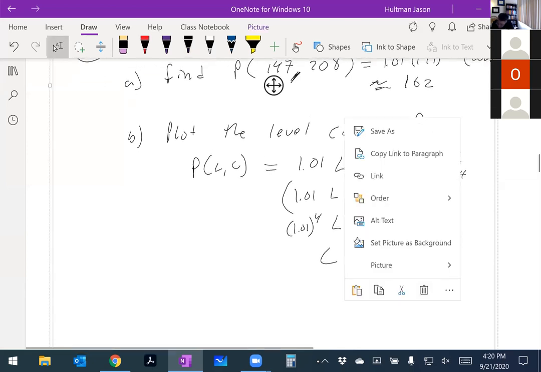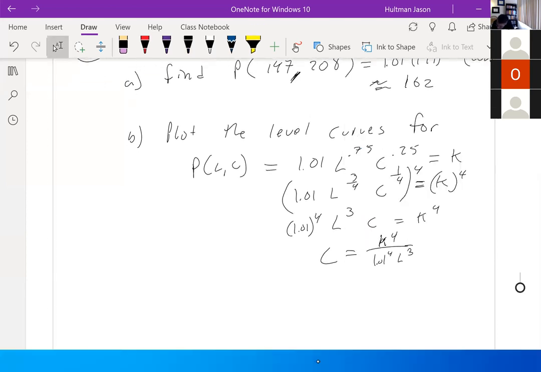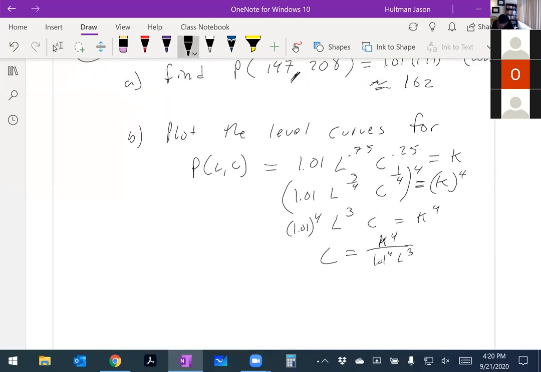So we can see that we're not dividing by a whole lot here. This 1.01 to the 4th power is pretty close to 1. And so we can see that there's kind of a relationship here in that this K to the 4th power, that's just a constant. Does that make sense?